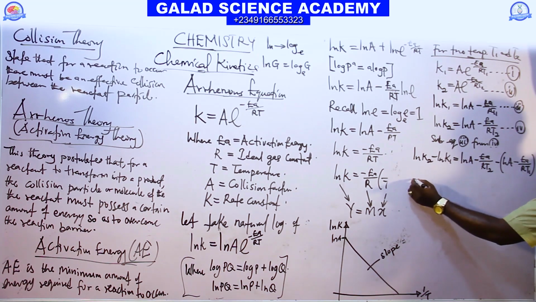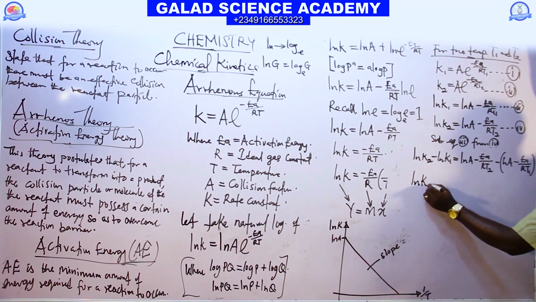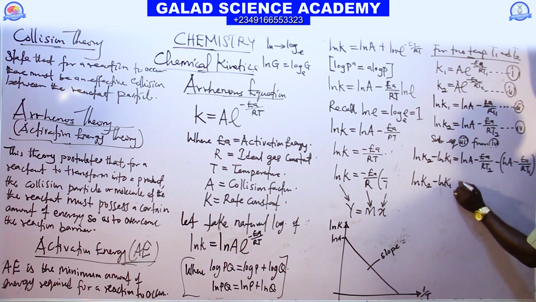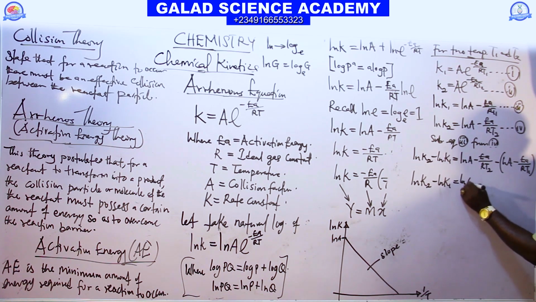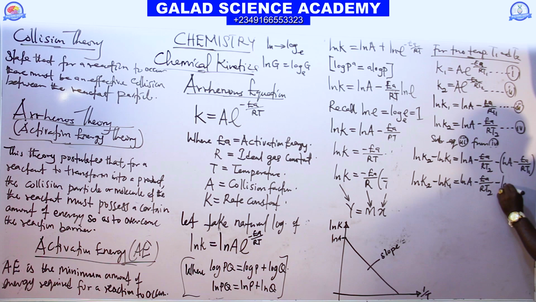So what will this be now? ln k2 minus ln k1 equals this. If we expand this, we have ln A minus Ea over RT2 minus ln A plus Ea over RT1.